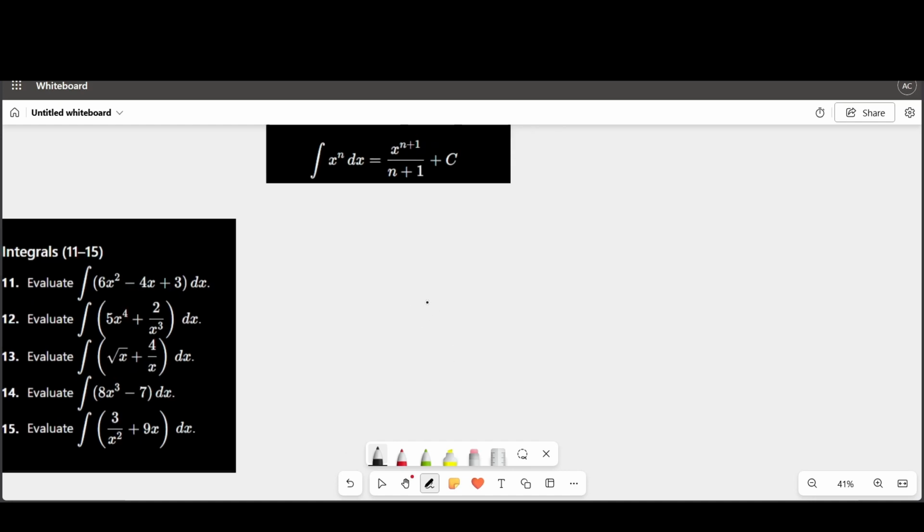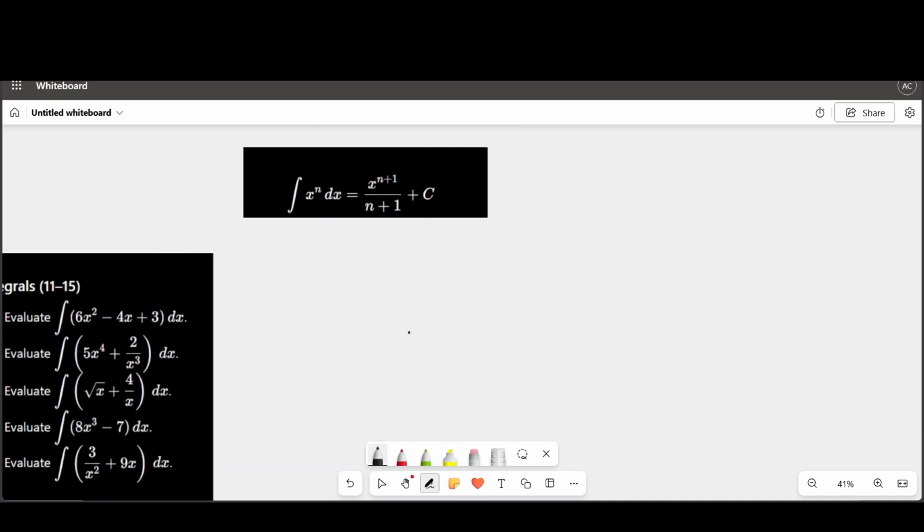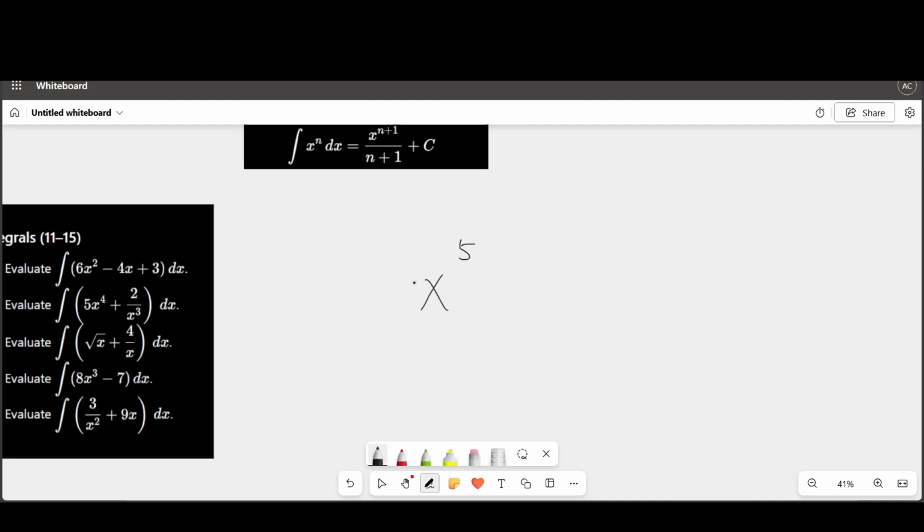I hate it when there are fractions. It's going to make my job a lot more difficult with these fractions around. So x^5, times 5.